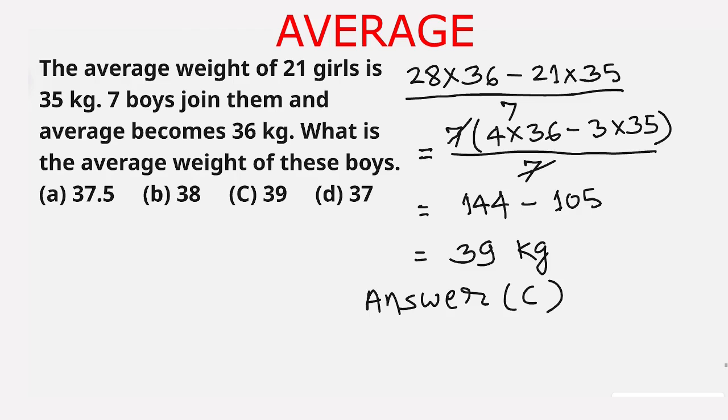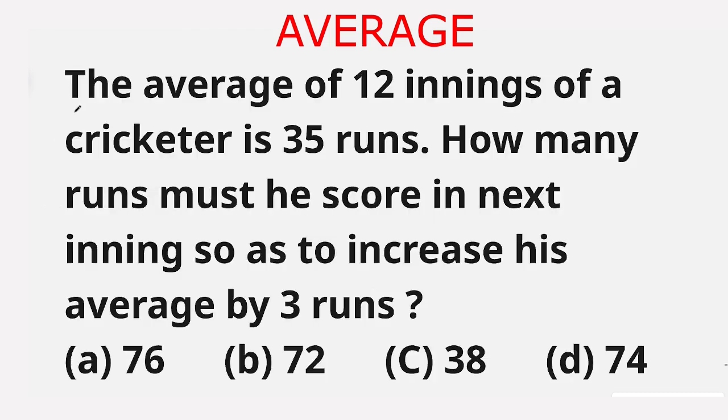I hope you have understood the method of solving such type of questions. We go to the next question. Our question is, the average of 12 innings of a cricketer is 35 runs.